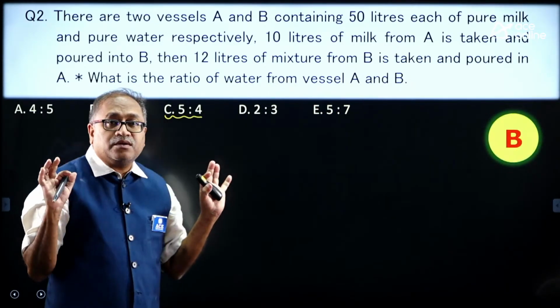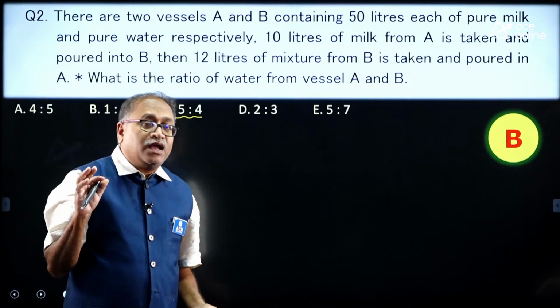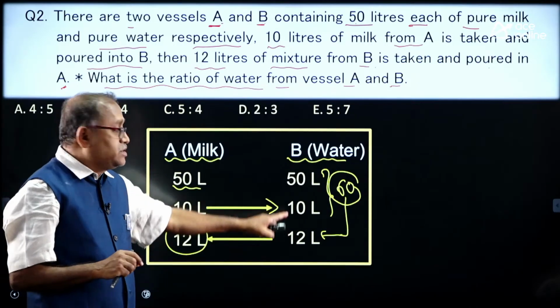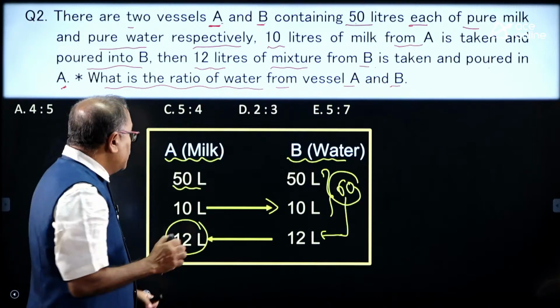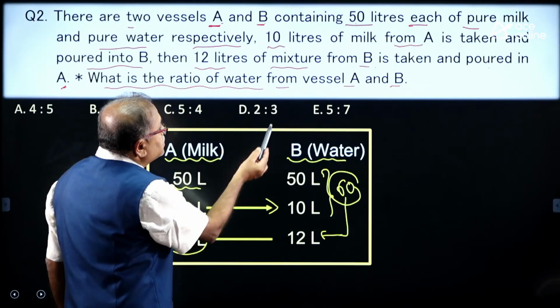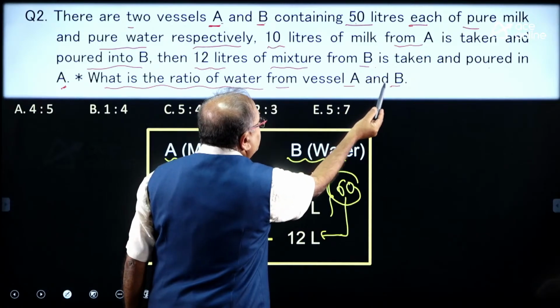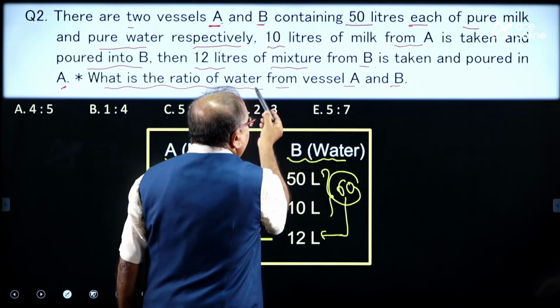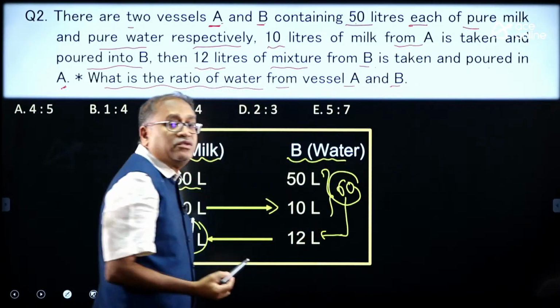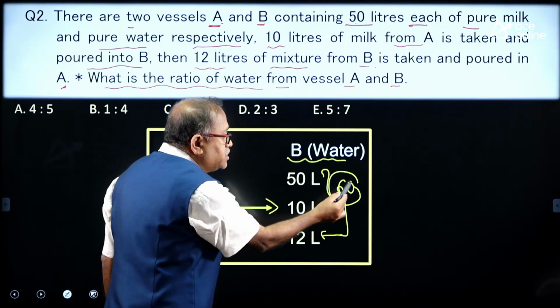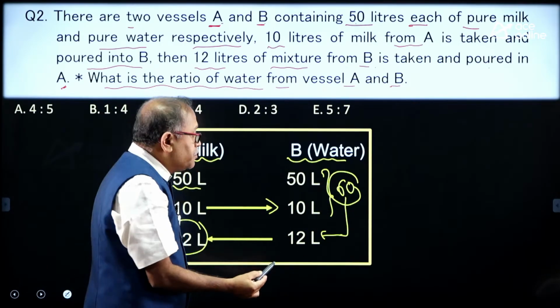Option B. I will tell you where you might have made a mistake. You might have made a mistake in this question. It says to find the ratio of the water from vessel A to vessel B. In vessel B, what is the water now?